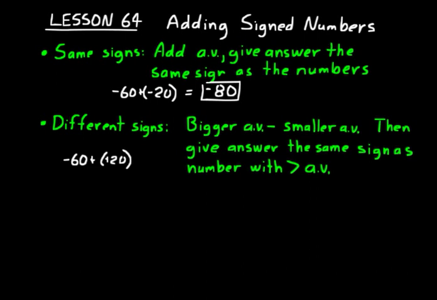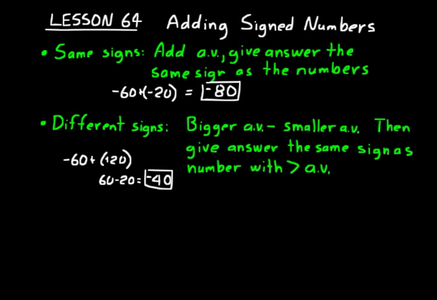You do the bigger absolute value, which is the 60, minus the 20, which equals 40. Then you give the answer the same sign as the number that had the greater absolute value. The 60 had the greater absolute value, and it had a negative in front of it. So that's what you do to your answer, minus 40.